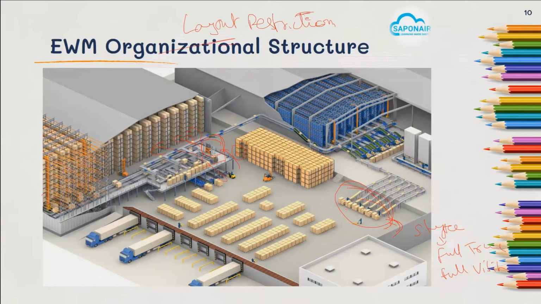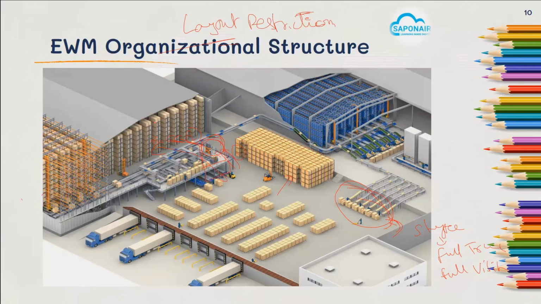I cannot directly access here. I cannot directly place the stock here physically. If I want to reach here, how can I reach? This is because it's in the mezzanine. So I first have to take it to the lift, and again from the lift I have to take it. So this is a restriction for me.